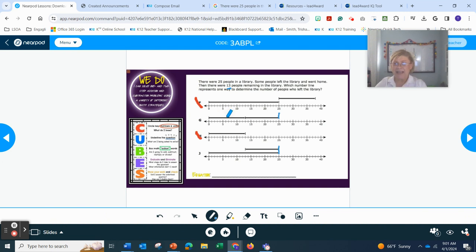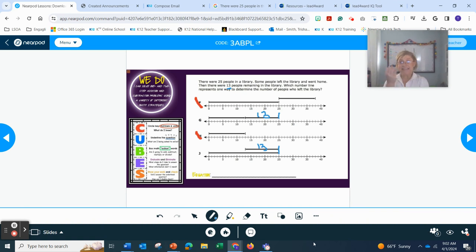But it doesn't really show me that group who left. It only shows right here. This shows me that whole section, that 13 who are remaining. So this is the 13 who are remaining. And this is the 13 who are remaining. So what is the difference between answer choice G and answer choice J?